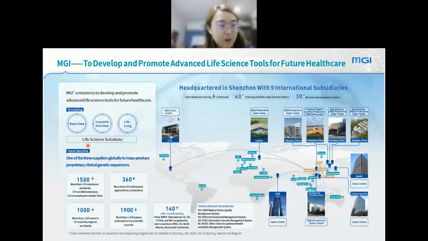And we do this by providing real-time, complete and lifelong life science solutions to our customers and researchers throughout the world. In recent years, we have become one of the three big suppliers globally to mass produce proprietary clinical genetic sequencers. Our headquarters is in Shenzhen, China, but now we have expanded worldwide. Like me, I'm based in Malaysia.